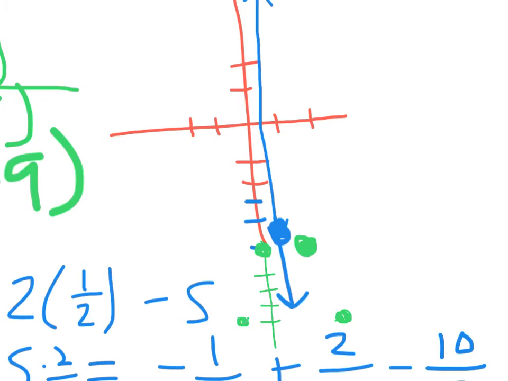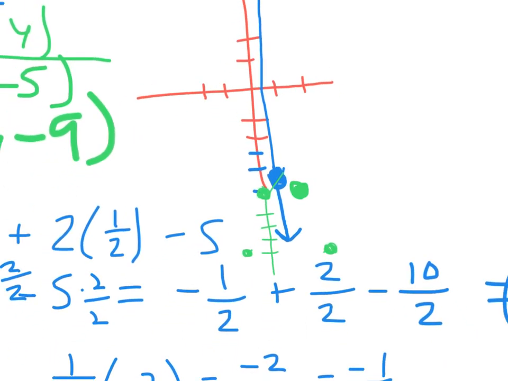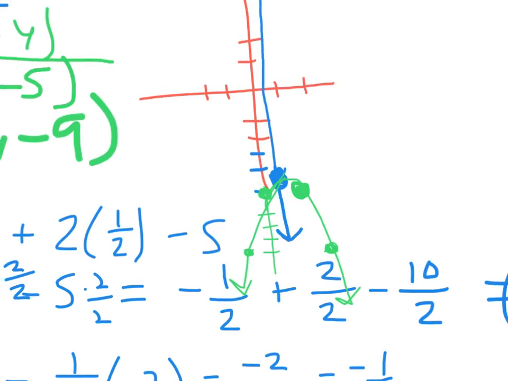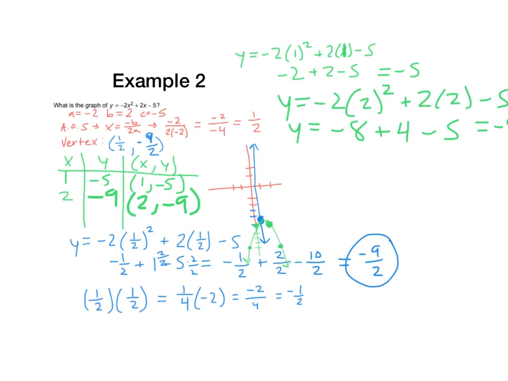We need to go left 2 from our y-axis and then go down 9. So our graph is going to look like this. Any questions on this?